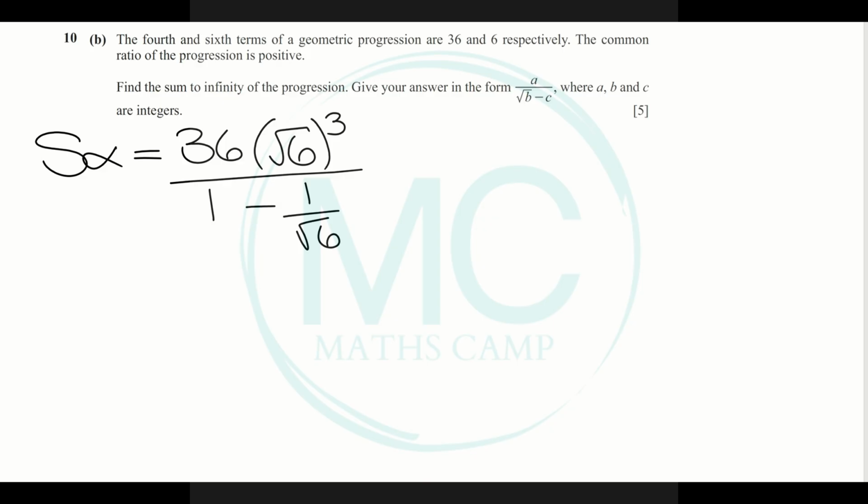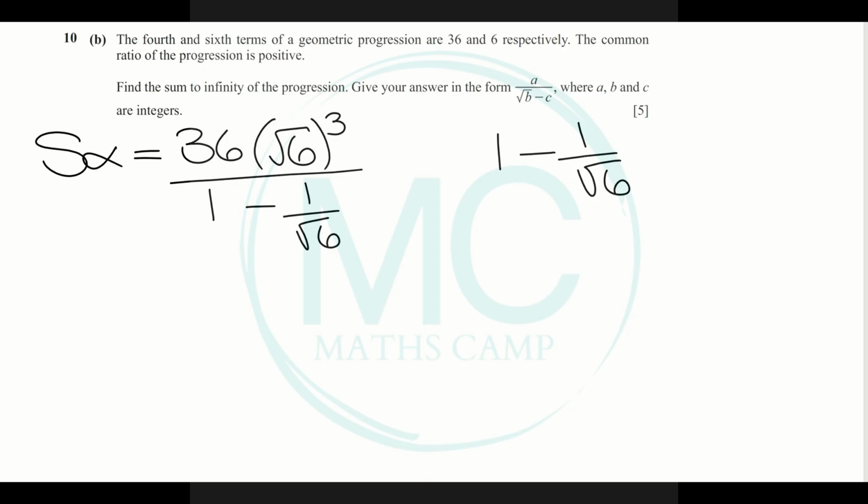But the question tells us that we have to leave our answer in the form a over root b minus c, where a, b, and c are integers. We cannot have fractions, so we need to tidy up the denominator of this fraction. So I'm going to rewrite the denominator over here, 1 minus 1 over root 6. If you have a square root in the denominator of a fraction, we need to rationalize the denominator.